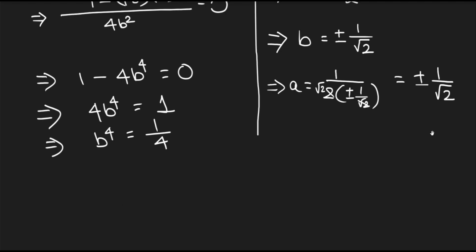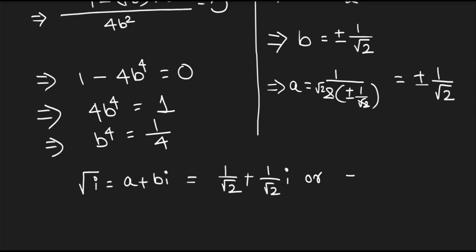Now we can write the solution as square root of i is equal to a plus bi, is equal to the value of a as a positive value, that is 1 by root 2, plus b also as a positive value, that is 1 by root 2 i, or we can write a as a negative value, that is minus 1 by root 2, plus b as a negative value, that is minus 1 by root 2 i. Hence, this is the answer.